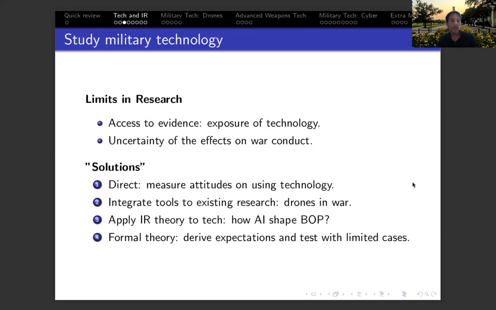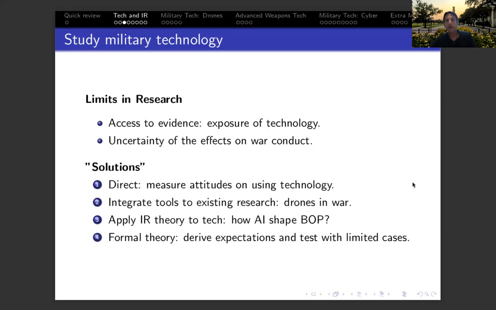And the fourth is based on a formal theory, and that is leveraging the advantages of models of game theory, which provide a very simple representation of reality and interactions between actors in order to derive predictions about their expected behavior. And now applying that in the context of new technology and using the limited number of cases that we do have to test those kinds of expectations. So that's what we're trying to do now.